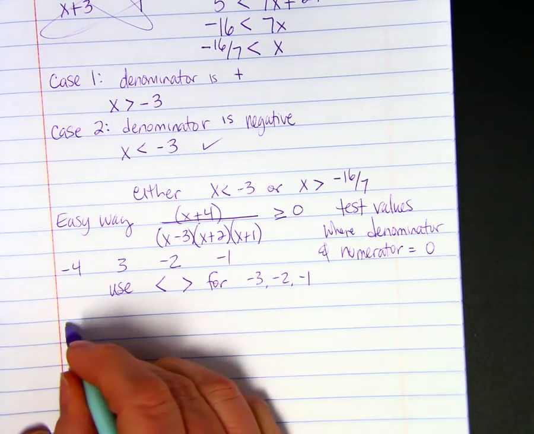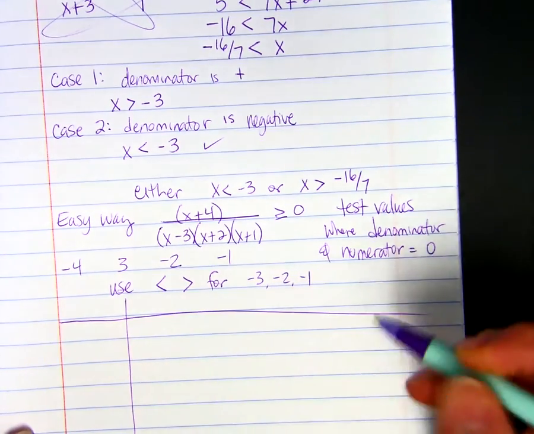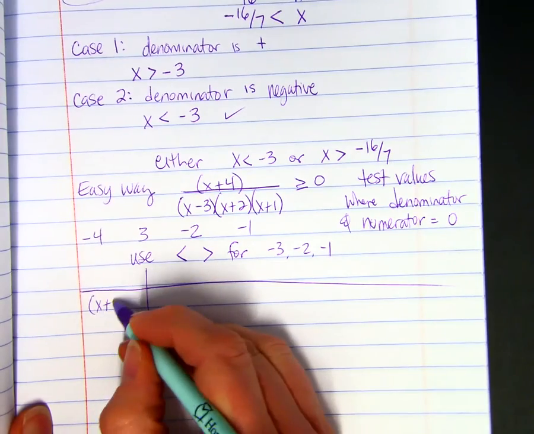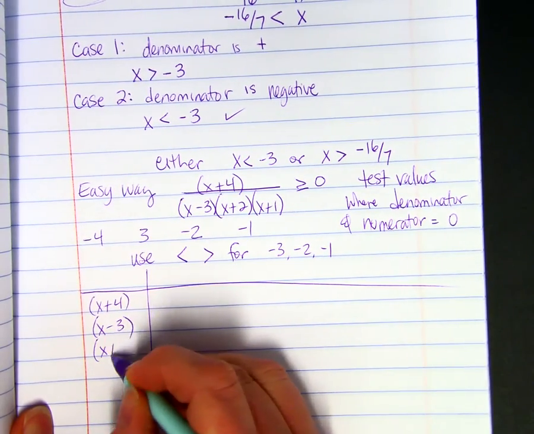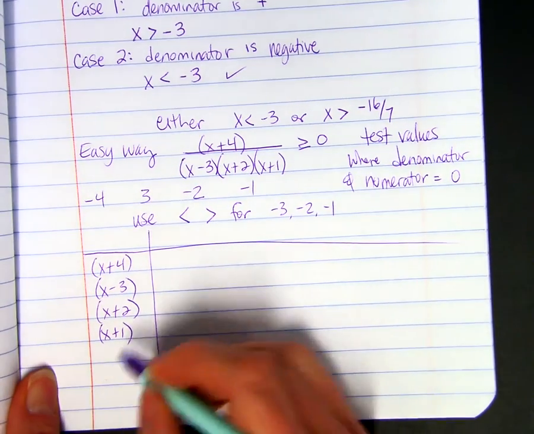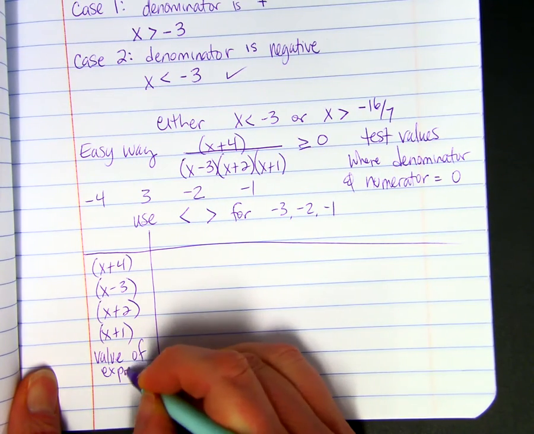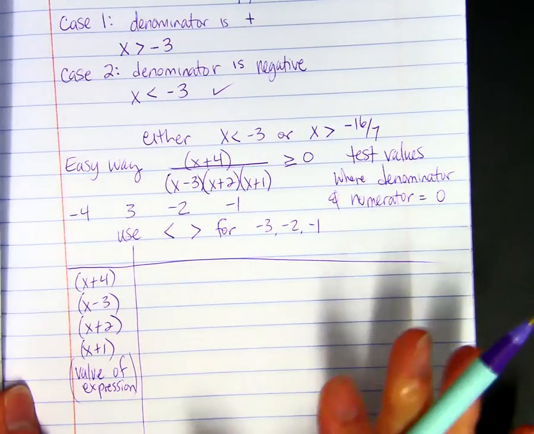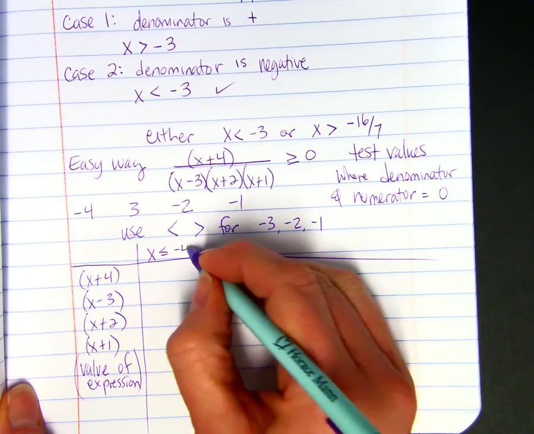So here's what our table's going to look like. We're going to go like this: x plus 4, x minus 3, x plus 2, x plus 1, and then the value of the expression. It's not going to be a value so much as is it positive or negative. So we're trying to decide if it makes them positive or negative. So we have x is less than or equal to -4.